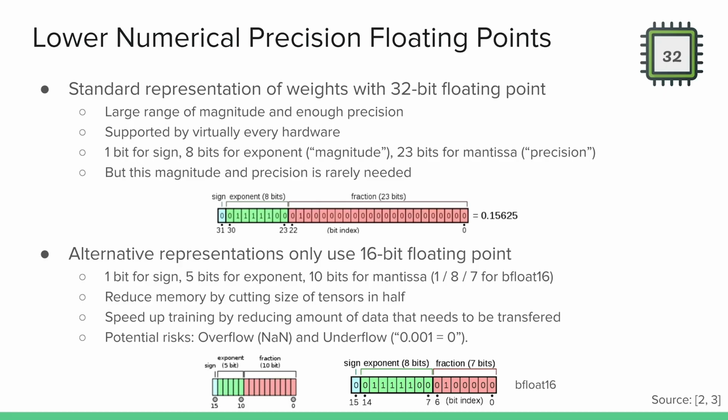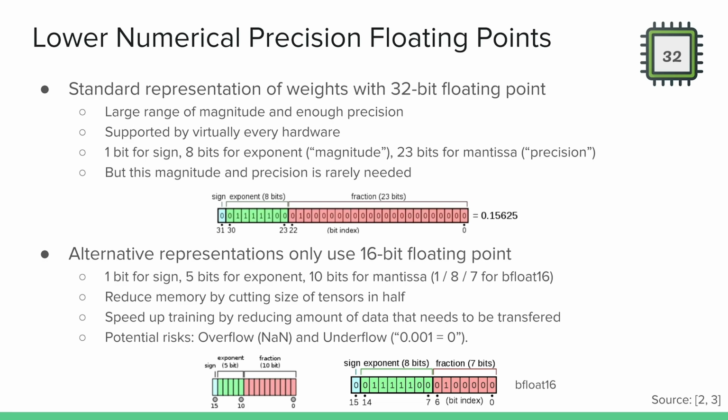To boost the performance of your training, there are still a bunch of other tricks. One would be to lower the numerical precision of your floating point operations. Standard floating point operations are 32-bit, where we have a large range of magnitude and enough precision to represent large numbers with high precision, and basically every hardware supports 32-bit floating points.